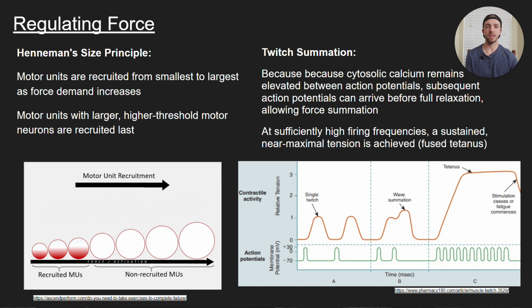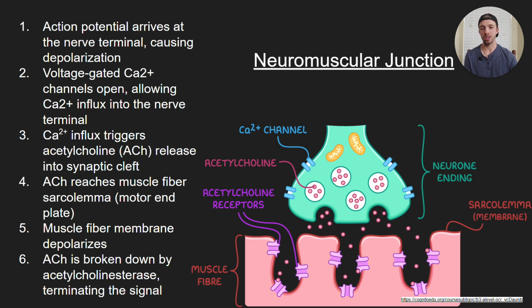So we've talked about action potentials in our motor neuron, and we've talked about action potentials in our muscle at the fiber level, but we haven't yet talked about how it crosses the gap. There's a literal gap between our motor neuron and our muscle fiber that we call the synaptic cleft.